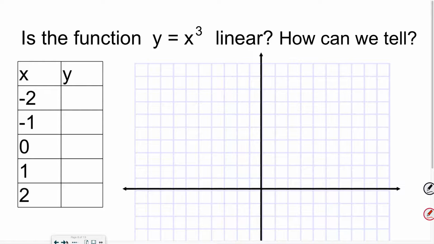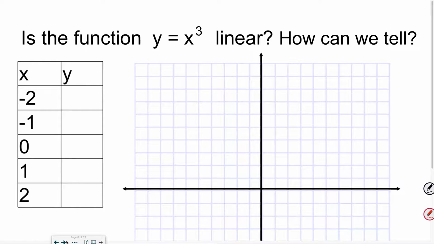All right, so let's figure out if the function y equals x cubed is linear. We have our x values right here in a table. How can we get our y values? We have this equation, y equals x cubed. What can we do to find our y values? Multiply it by itself three times.